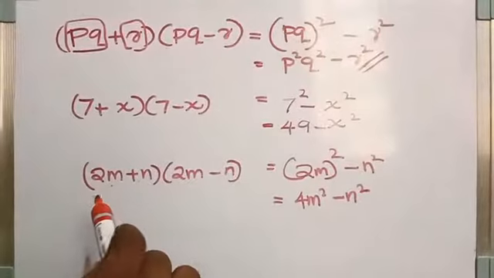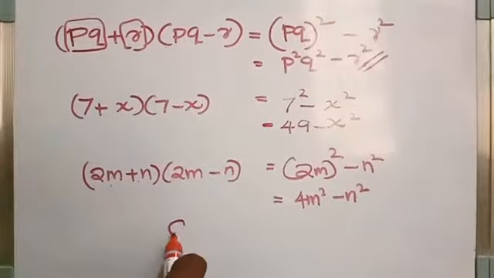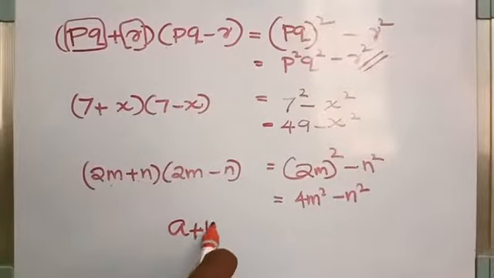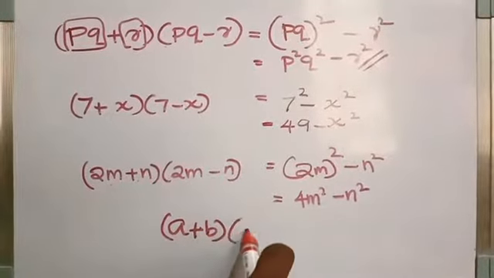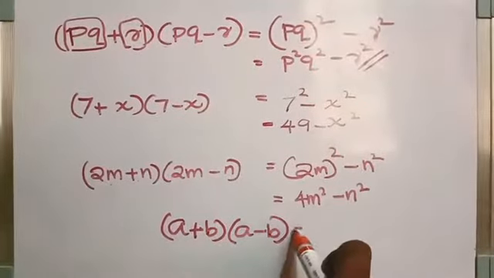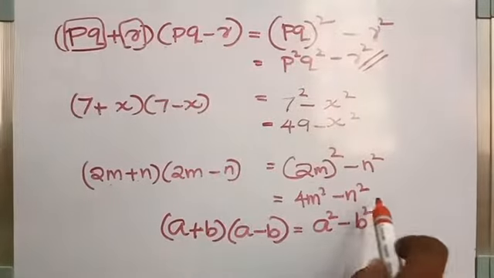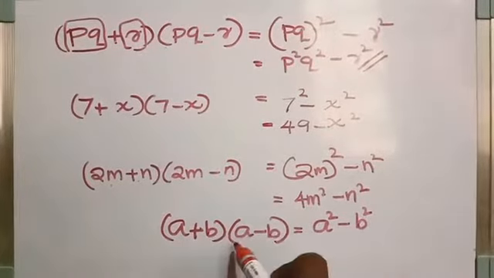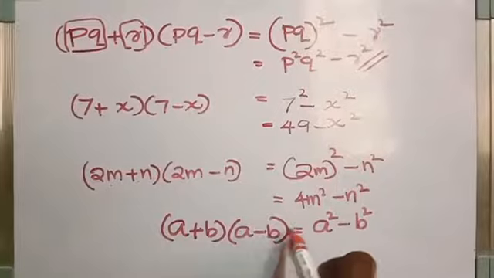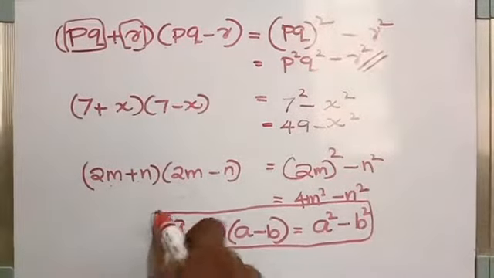From all these examples, we can reach a conclusion: (a plus b) into (a minus b) is equal to a squared minus b squared.